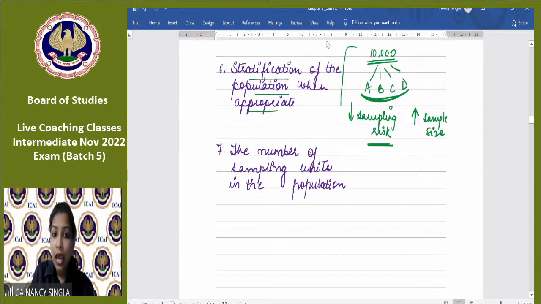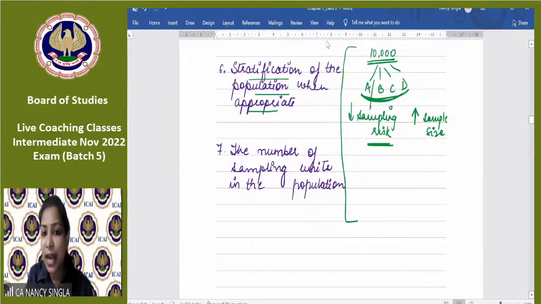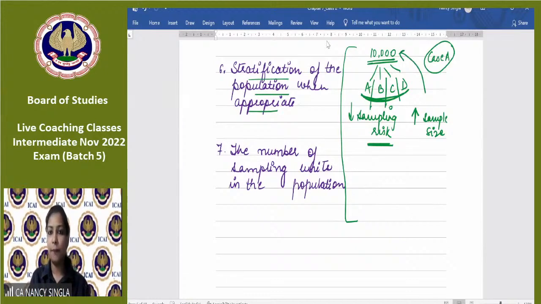Listen to me. But if I stratify this data, earlier in this case A, I am selecting my sample from this 10,000. And since there is difference in data, my sampling risk is high. Why? Because if I select 100 items, it might be possible that all 100 come from this A. So I as an auditor may think to have a sample of 200 in order to reduce my sampling risk.